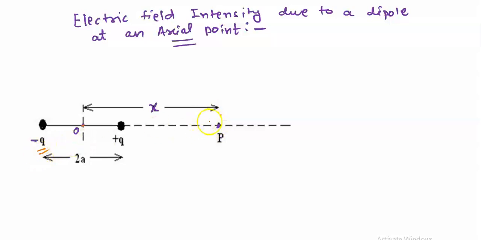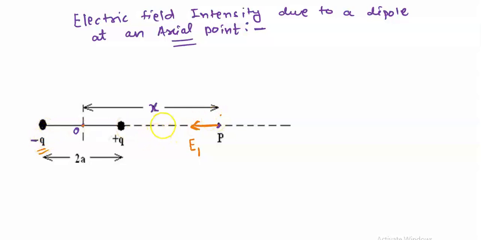This minus q charge will be attracting this positive charge. Let the electric field intensity of it be given by E1. So this is for the minus q charge. Minus q charge will attract it.